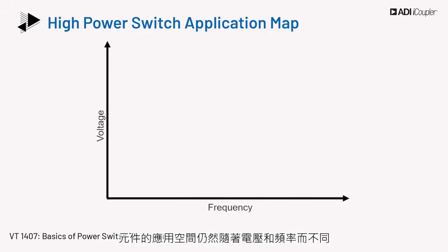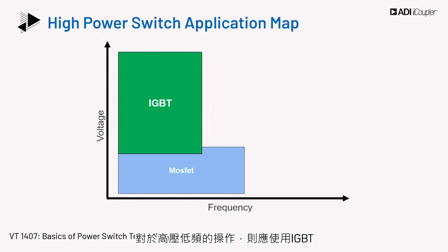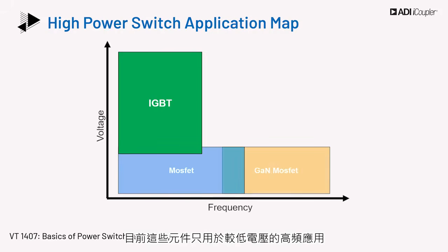For low voltage, higher frequency operation, the device of choice is the MOSFET. For higher voltage, lower frequency operation, IGBTs are used. Due to the limits on fabrication technology with gallium nitride, presently those are only used for lower voltage, high frequency applications.